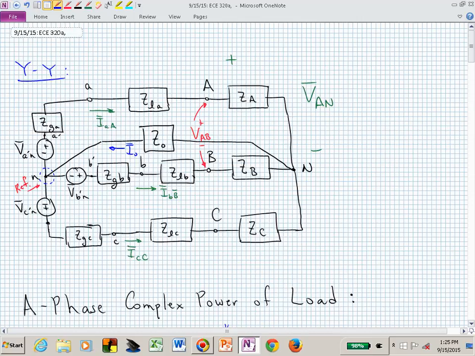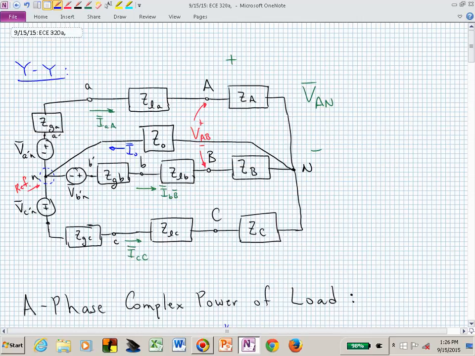What do you know about KCL? The currents algebraically sum to 0, or the sum of all the currents entering a node are 0, or the sum of the currents leaving a node are 0. How many currents, as I've sketched that, are entering little n? 1, and it is I sub 0. What's leaving? The 3 line currents. We've written KCL. That was easy.